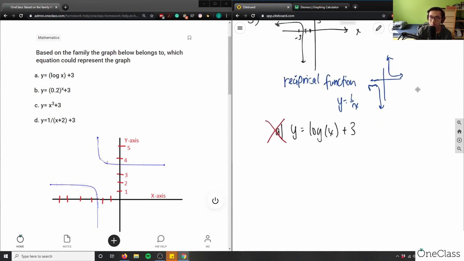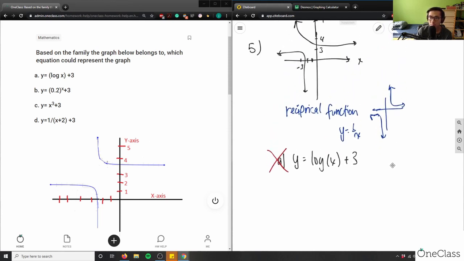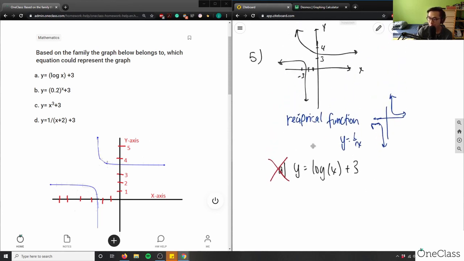Let's look at B. Let me bring up the graph so you can see B. B is an exponential function: y equals 0.2 to the power of x plus 3. An exponential function looks like this if it was 2 to the power of x.